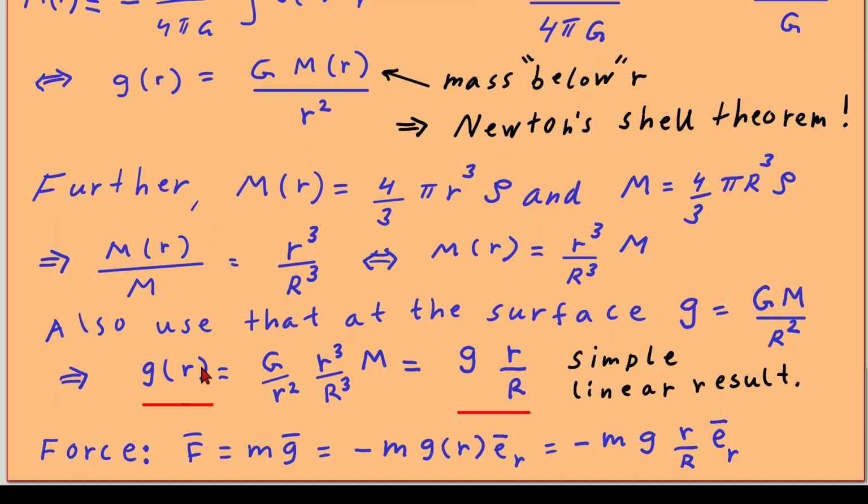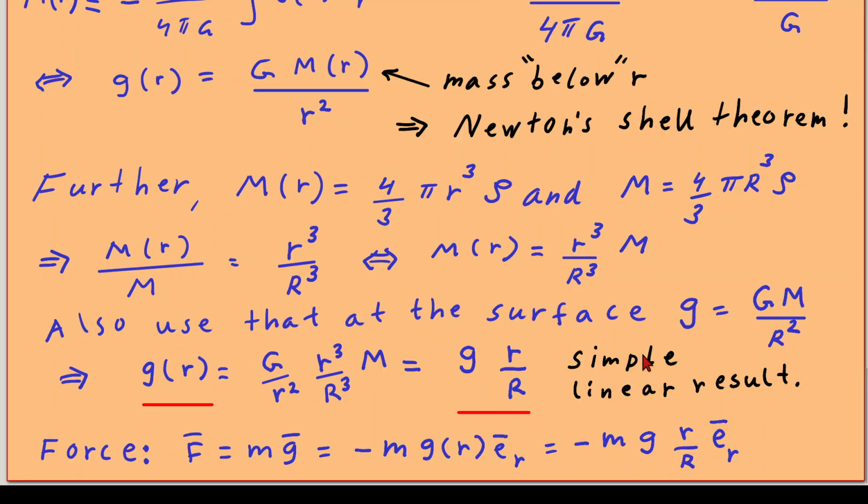G_R equals this. G over r squared, that's that one. M_R, what is that? It's this here. But g equals that. So G and then r squared, leave one R. We have one capital R here, but then this divided by that is 1 over R. So you get this simple linear final result.